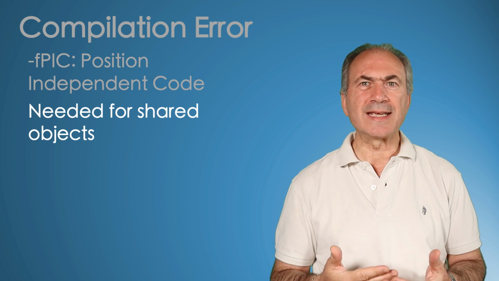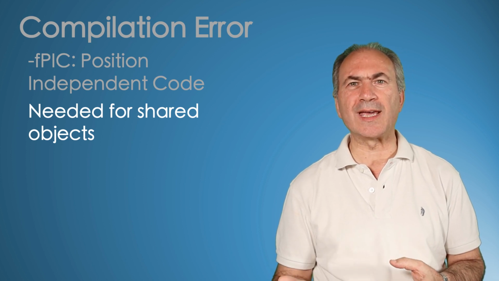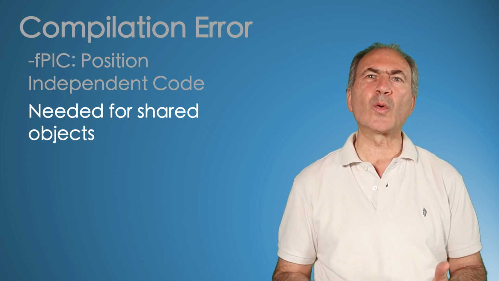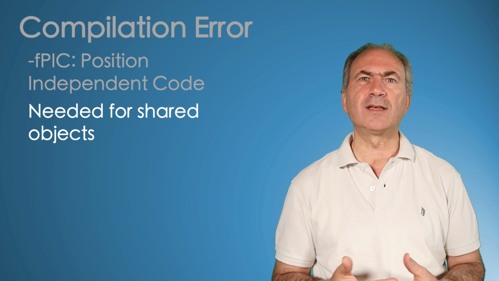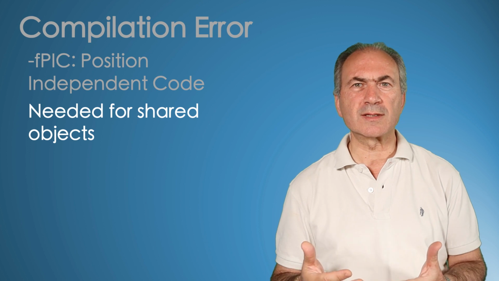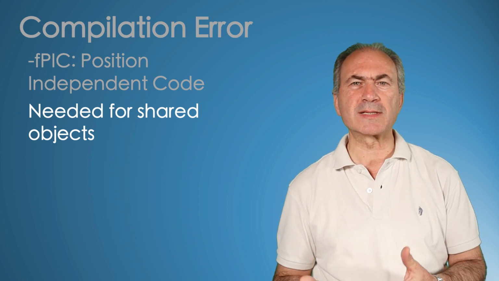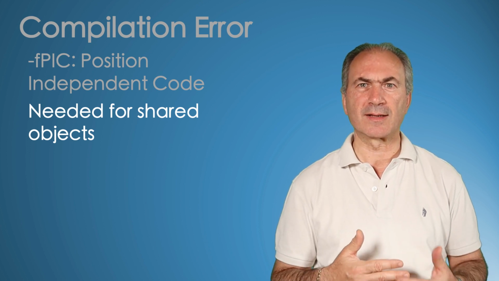For this reason, it must be possible to relocate the shared object to a different address. This can be done only if the shared object uses relative addresses for jumps and memory references.